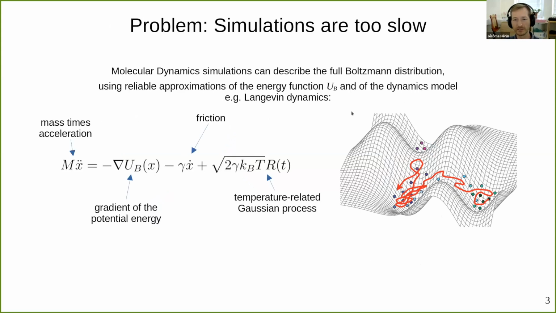For that, we approximate the energy function U_B, and approximate the physical dynamics using, for example, a Langevin equation, where we have a potential energy gradient, a friction term, and a temperature-related term. What we find with this is that we generate trajectories that are metastable.